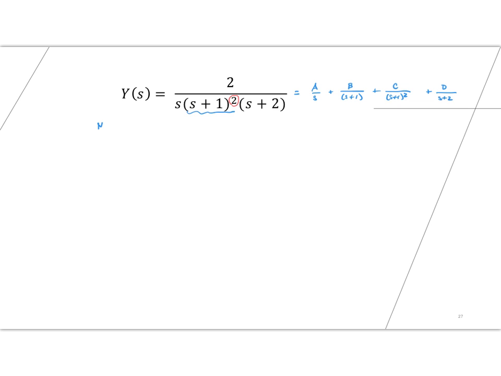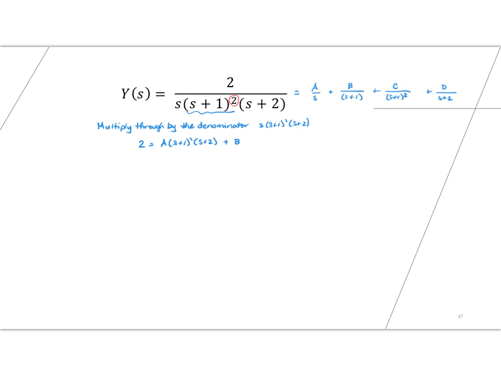Multiply through by the denominator. On the left-hand side, we just have 2 left. For the first term, A over s, the s is going to cancel. I'm going to have A times s plus 1 squared times s plus 2.